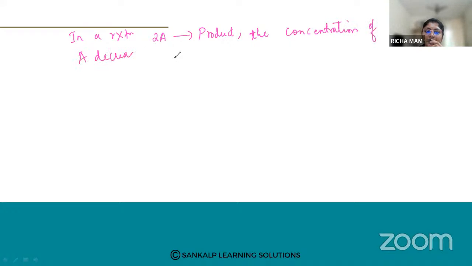The second question is: in a reaction 2A giving a product, the concentration of A decreases from 0.5 mole per liter to 0.4 mole per liter in 10 minutes.